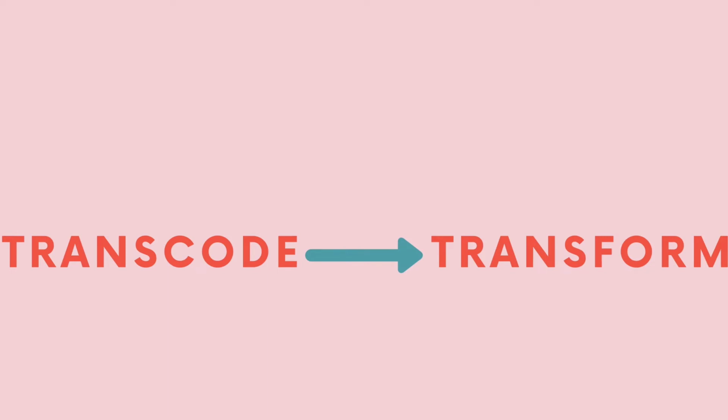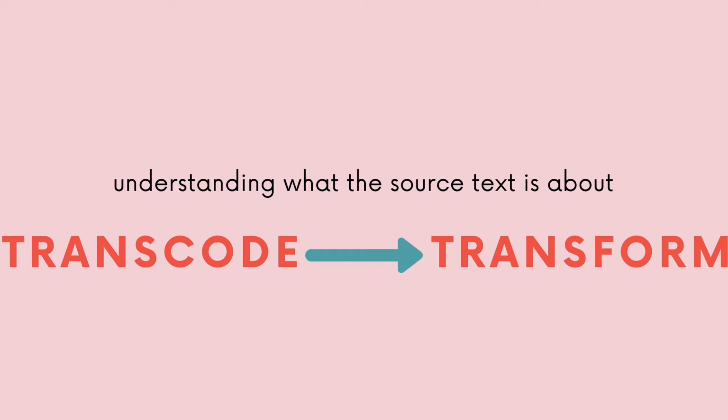In order to transcode a linear to a nonlinear text or the other way around, one must first be able to fully understand what the source text is about. This way, deciding on the proper text type to be used in the transcoding process will be easier.